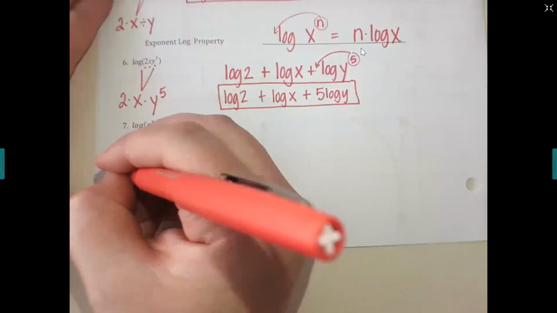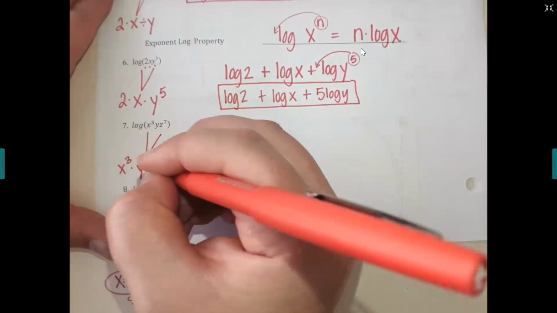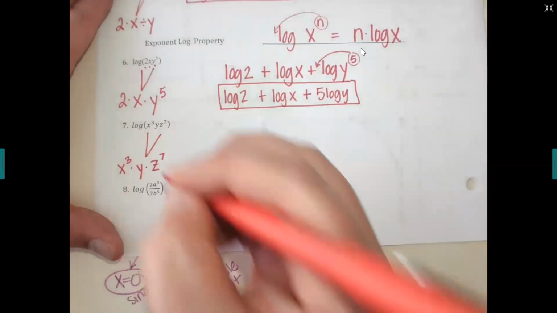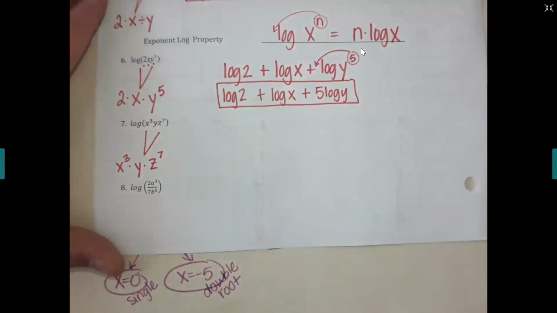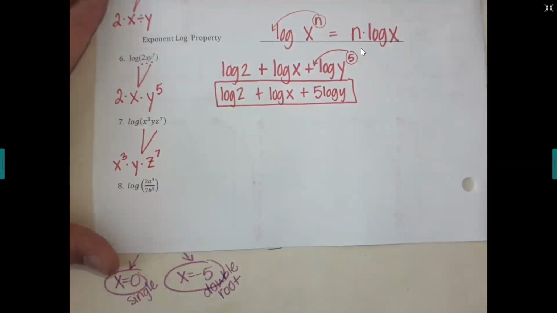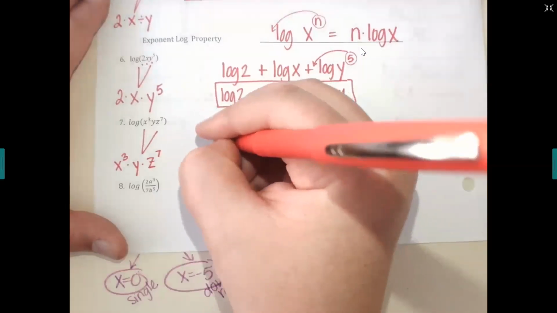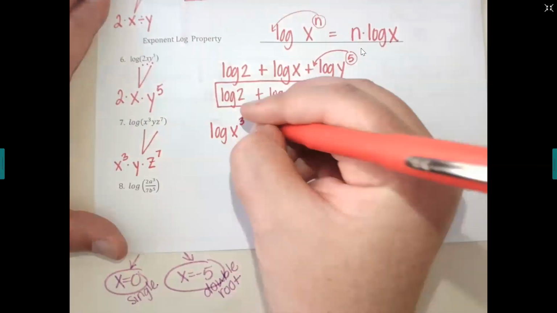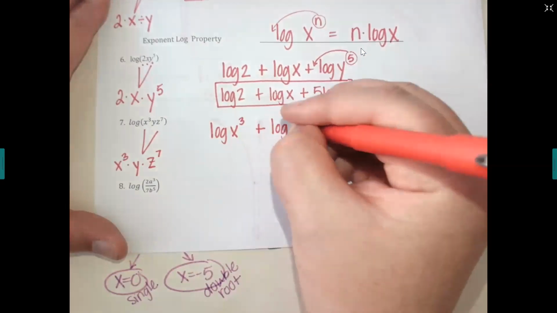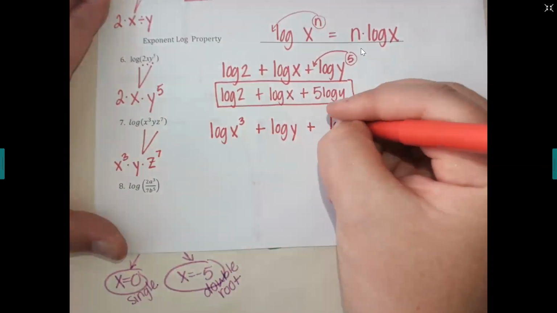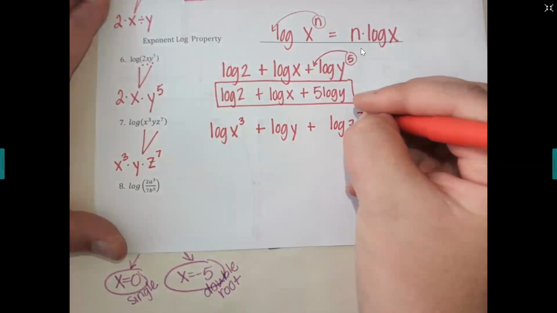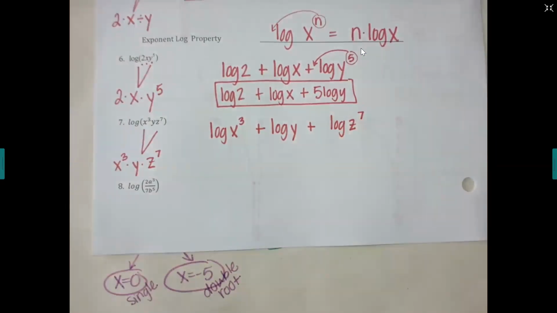So that's an x^3 times a y times a z^7. So every one of those letters should end up getting its own log. So I'm going to have a log x^3 plus a log y plus a log z^7.